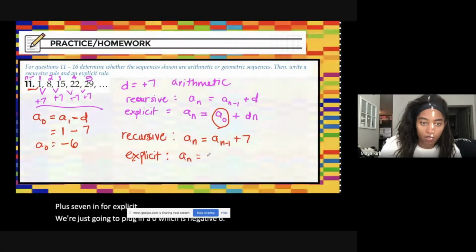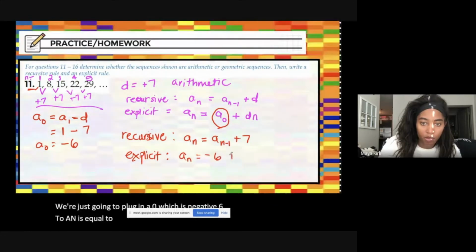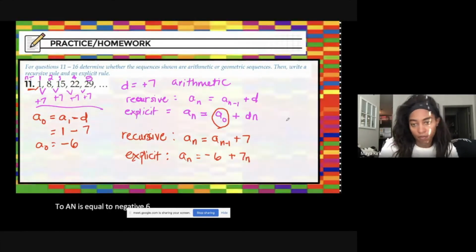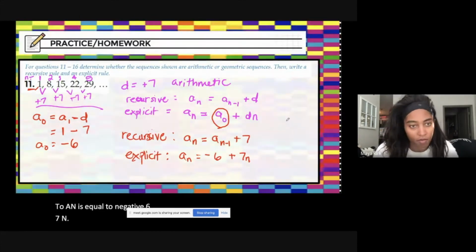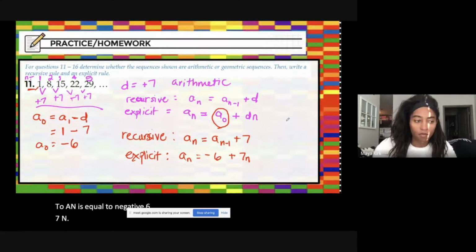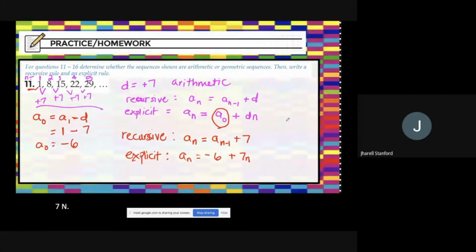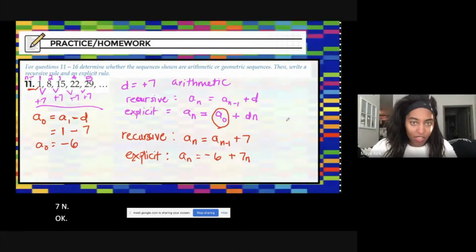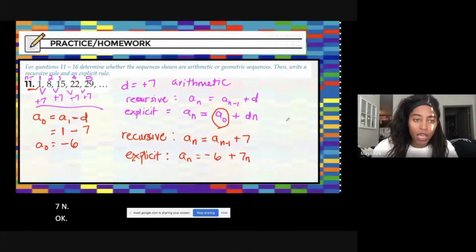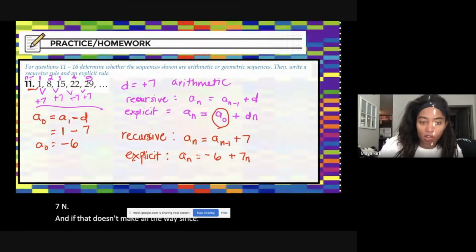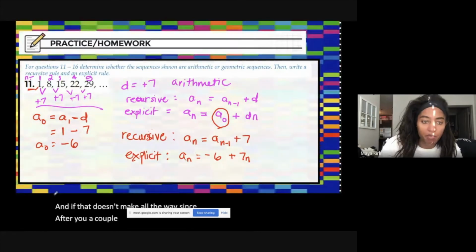So AN is equal to -6 plus 7n. Okay. If that doesn't make all the way sense, after you see a couple, it'll be more clear.